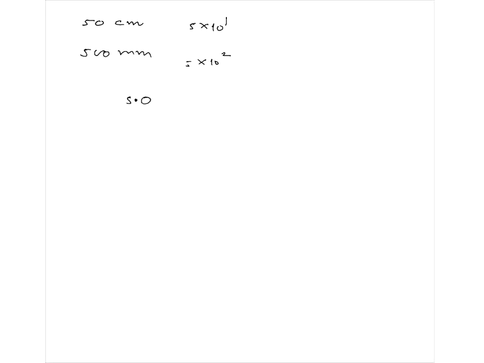Make it look like this: 5.0 into 10 to the power whatever you want, 5.00 into 10 to the power whatever, 5.000. 5.000 is a much deeper measurement. It means you are trying to tell that my instrument was so powerful, so capable, that I could measure up to the 3rd place of decimal.